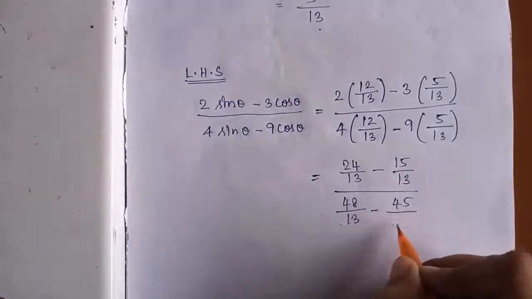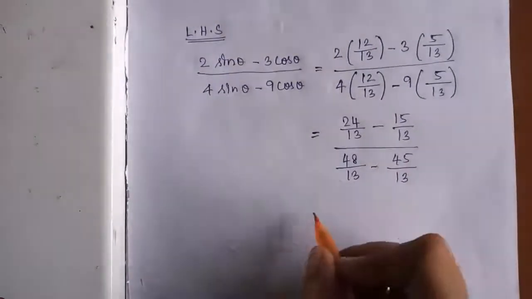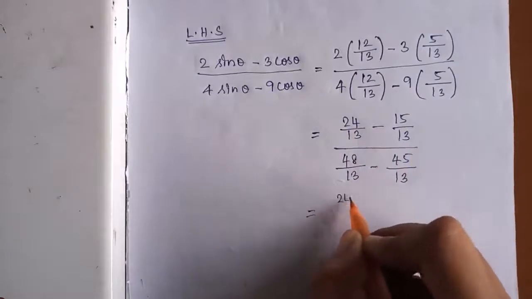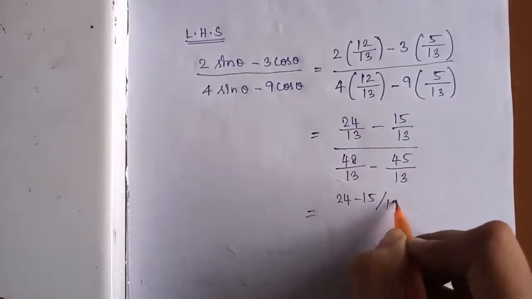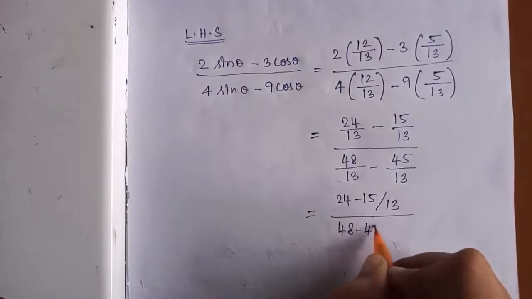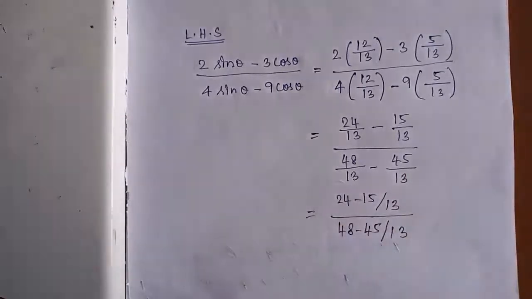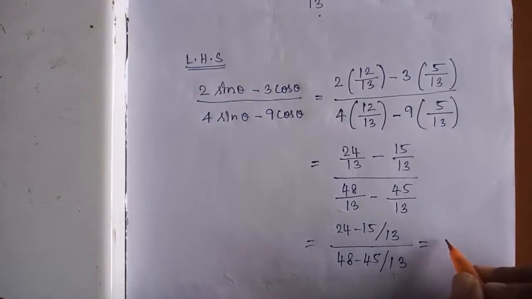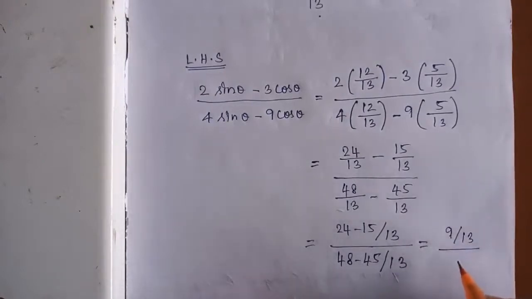So 45 divided by 13, which is equal to, the denominator are same, so we can subtract the numerator. 24 minus 15 divided by 13, the whole thing divided by 48 minus 45 divided by 13. So 24 minus 15 is 9 divided by 13, the whole thing divided by 48 minus 45 is 3 divided by 13.